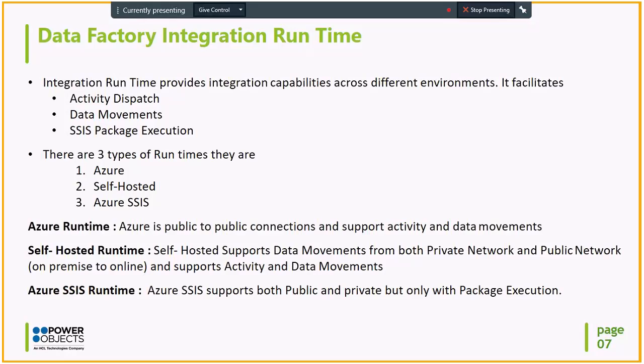So we can easily move the data, but the movement of the data will happen only through these integration runtimes. If it is cloud hosted or publicly available, then it's a public connectivity, otherwise we can say Azure runtime connectivity.